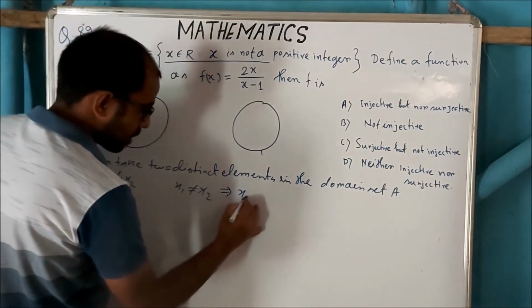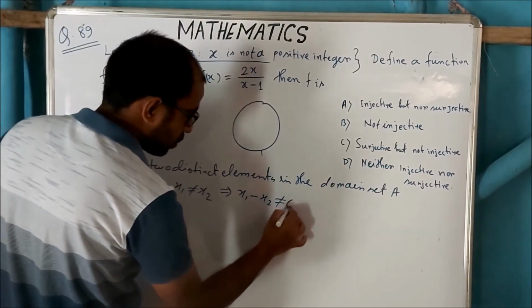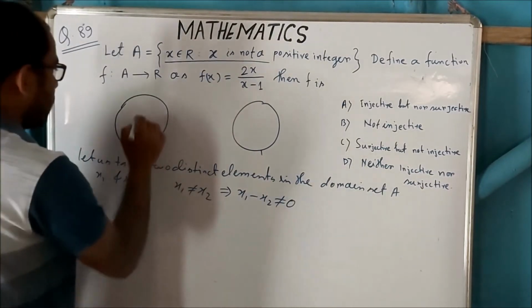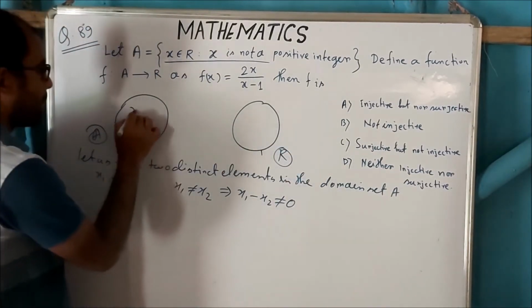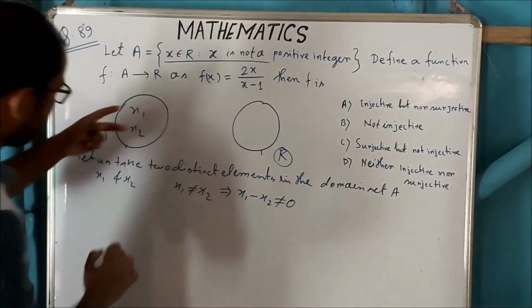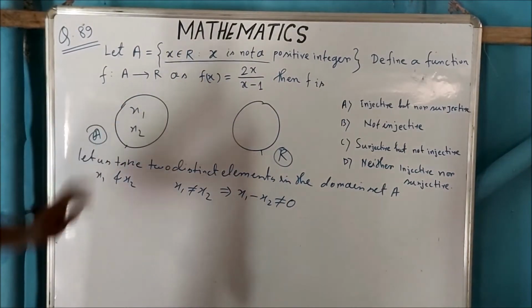That means x1 minus x2 not equal to 0. So this is the set A and this is the set of real numbers; x1 and x2 are two distinct elements in the set A.